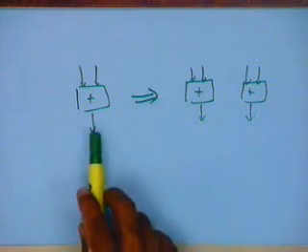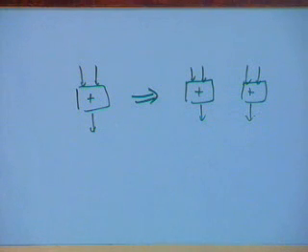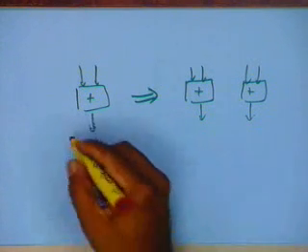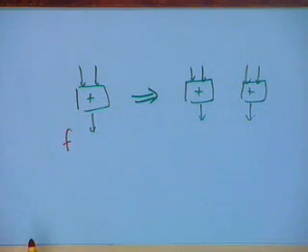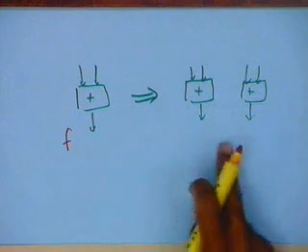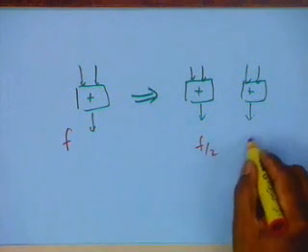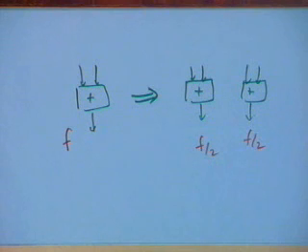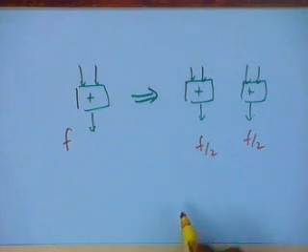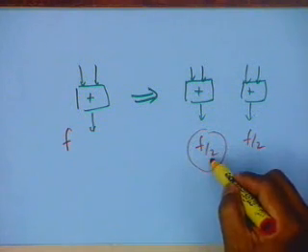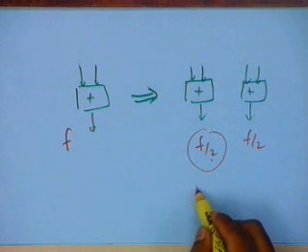Previously nobody would try to think of such a replacement, but when it comes to power, it actually can make sense. If let us say this is operating at a frequency of f, and I can replace it and make it work at a frequency of f by 2, then because I am working with a frequency of f by 2, I can also reduce my VDD.